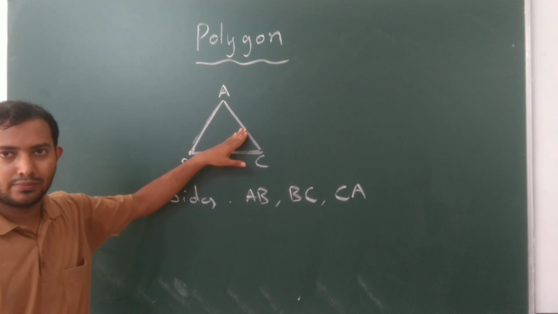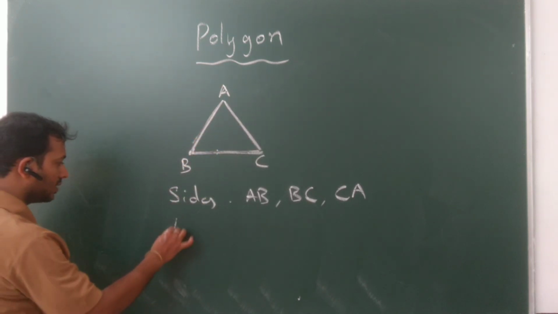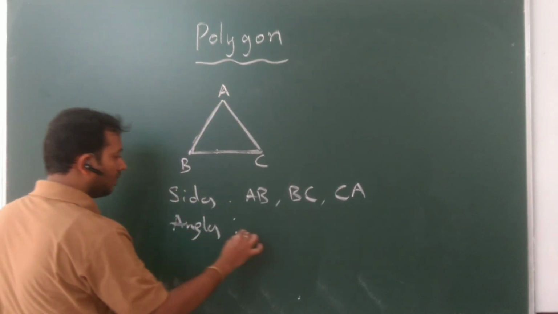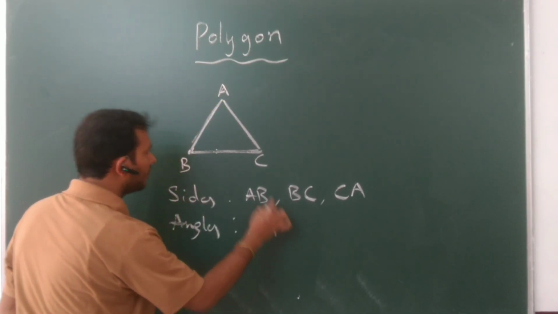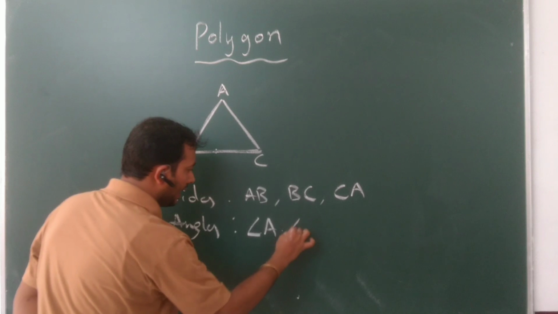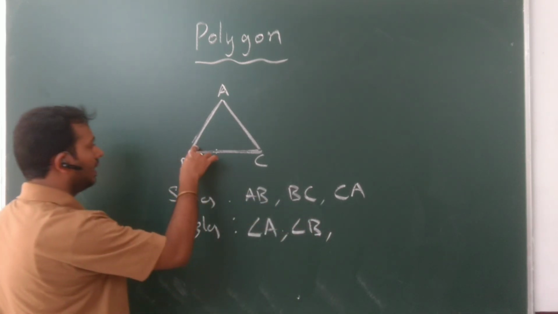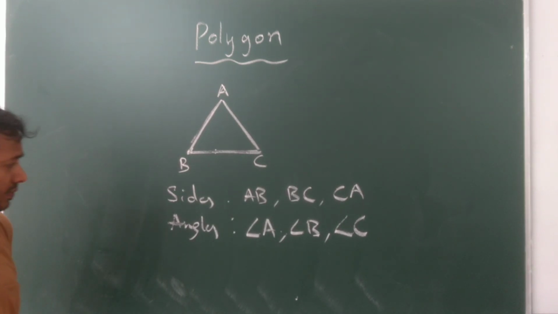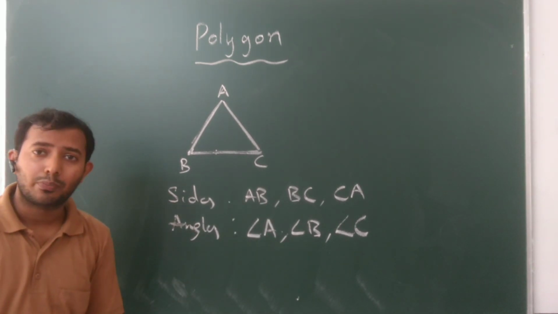There are three sides. And angle, you can see the angle. So how will you represent an angle? Angle A. This is the angle A. Angle B, and this is your angle C. This way we can represent.